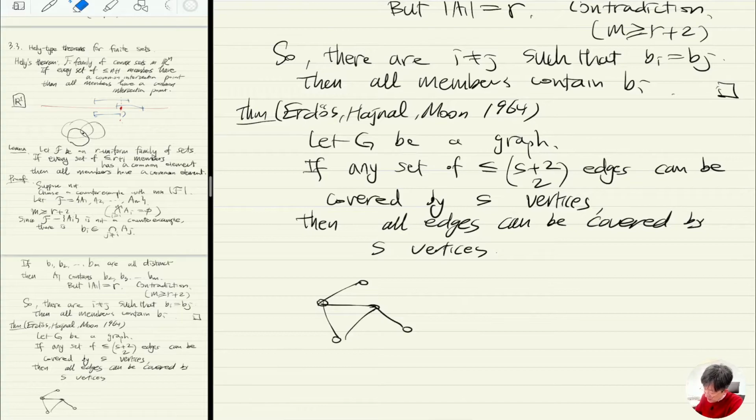if I have a graph like this, to cover all the edges, I just need a set of vertices so that every edge is incident with at least one vertex inside that set, right?